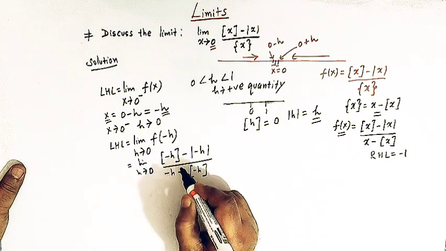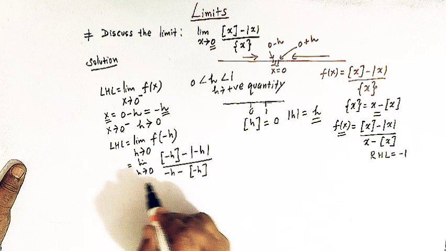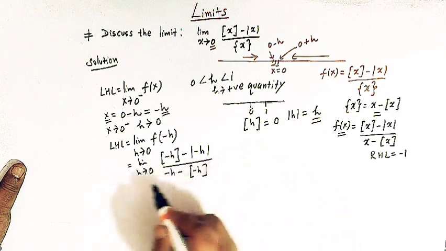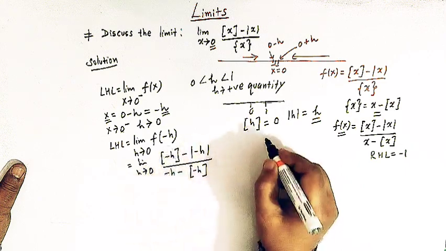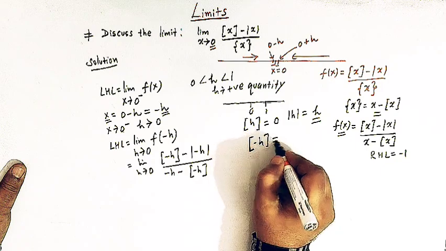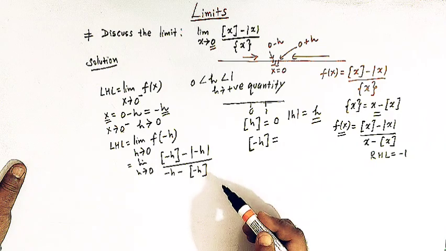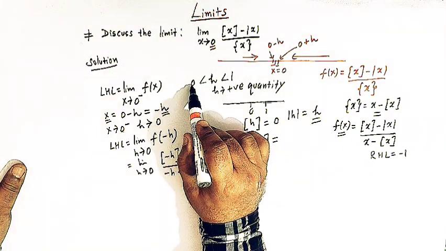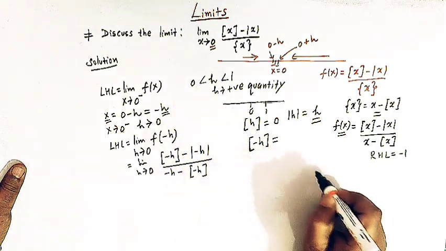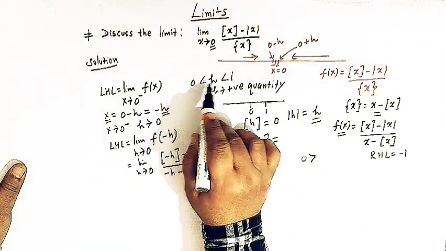So now again we have the same situation. We have the greatest integer function here, and we cannot directly substitute h equal to 0, right? Now see, we have to find the value of greatest integer of minus h. And see, h lies between 0 and 1. So when we multiply this inequality throughout by minus 1, the direction of the inequality gets reversed.